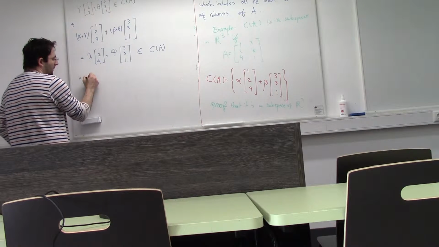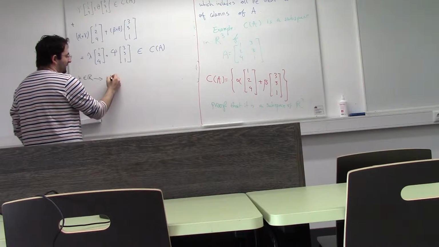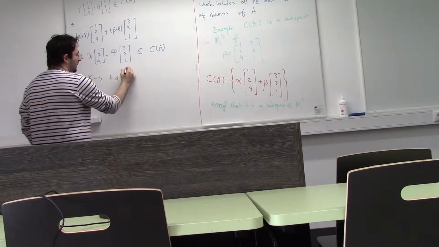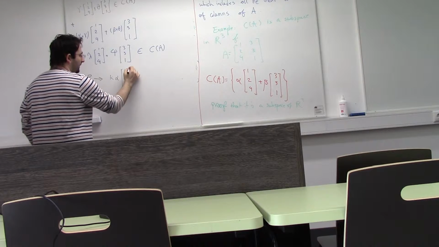And if K belongs to R, then we have K alpha 1, 2, 4.